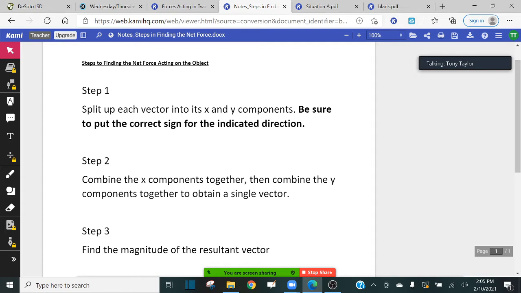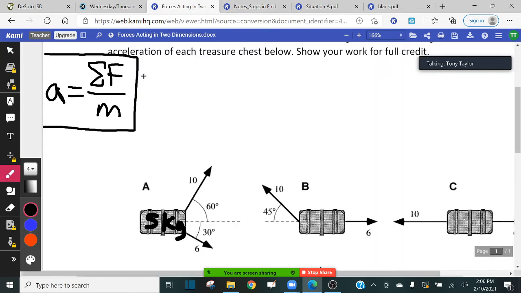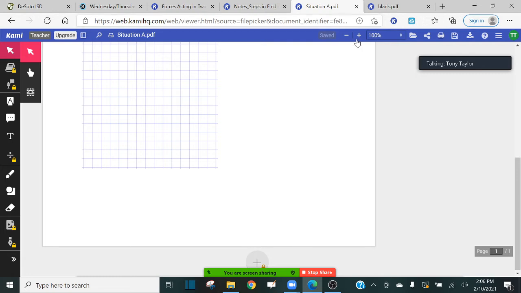Step 1 says to split up each vector into its x and y components. Be sure to put the correct sign for the indicated direction. Step 2 says combine the x components together, then combine the y components together to obtain a single vector. And lastly, step 3 says find the magnitude of the resultant vector. Okay, so guys, using these 3 steps, we're going to solve for the sum of the forces acting on treasure chest A.